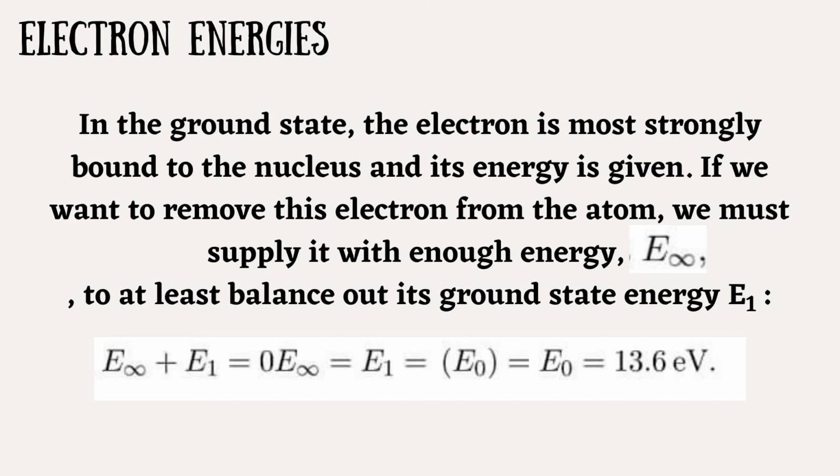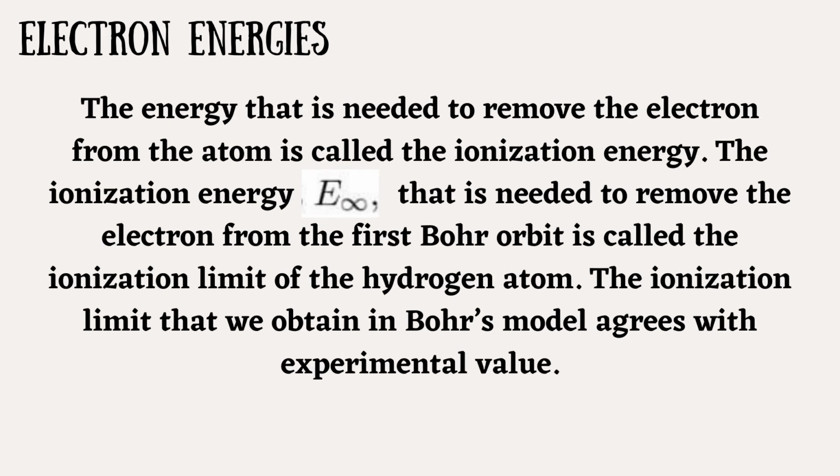If we want to remove the electron from the atom, we must supply it with enough energy, E sub infinity, to at least balance out its ground state energy E sub 1, where E infinity plus E1 is equal to 0. E infinity is equal to negative E1, equal to E sub 0, which is 13.6 eV.